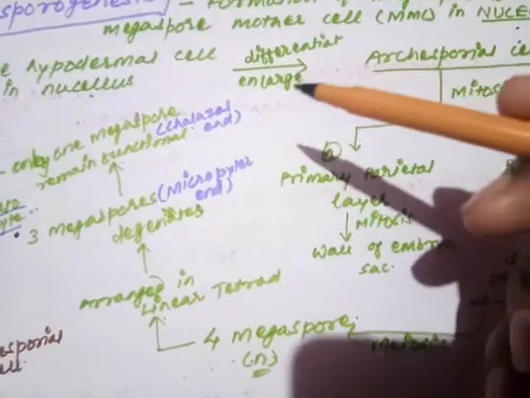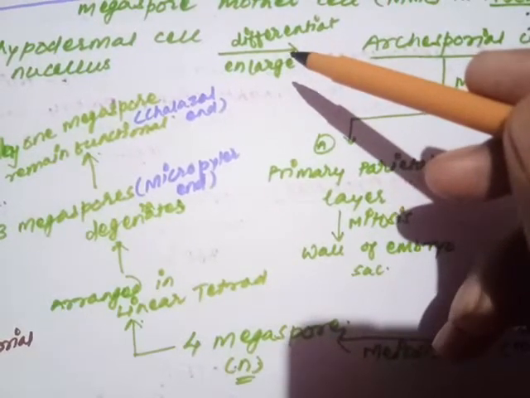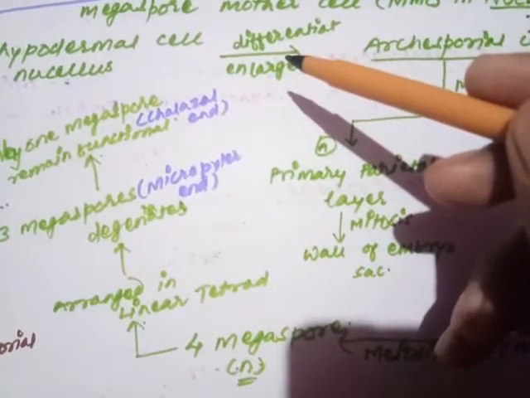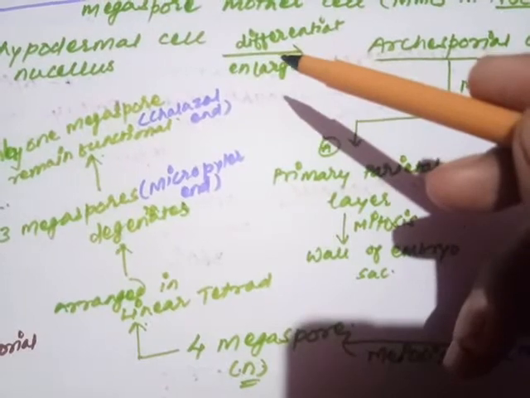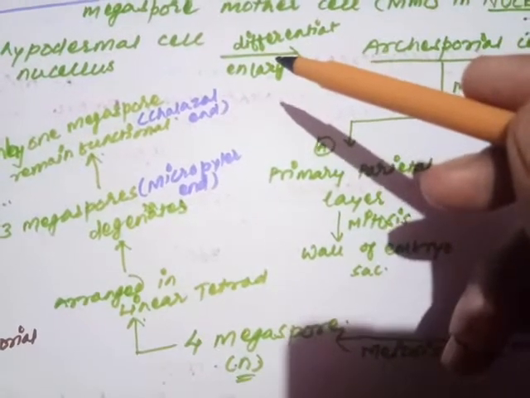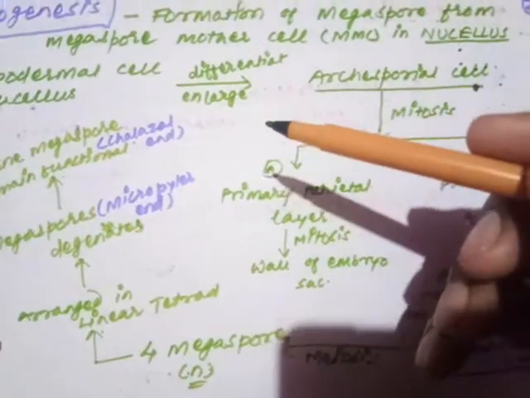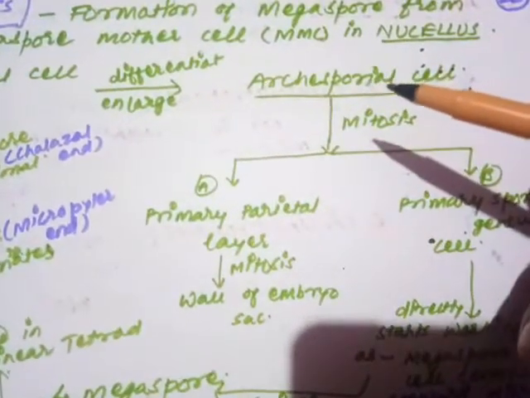Are you getting my point? It starts enlarging by imbibing the nutrient from the peripheral cells, and as soon as it enlarges in size, it gets differentiated from the neighboring cells, and it is going to convert into a cell called the archesporial cell.